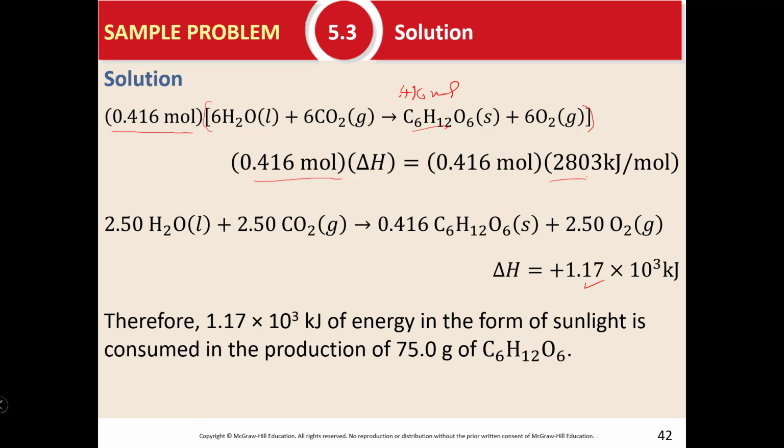So on your calculator, take 0.416 and multiply that by 2803, and you get 1.17 times 10 to the third kilojoules. The moles cancel out here. All right, so that's how much energy is required in the form of sunlight, which is consumed to form 75 grams of sugar here.